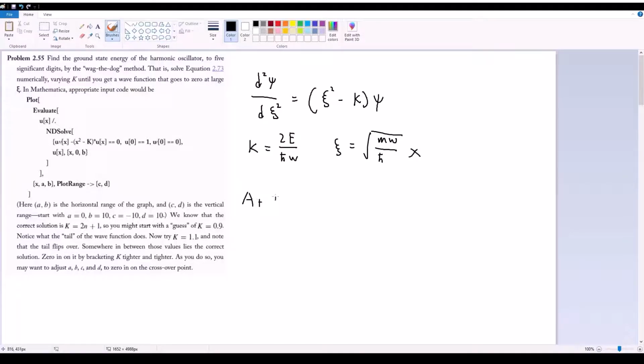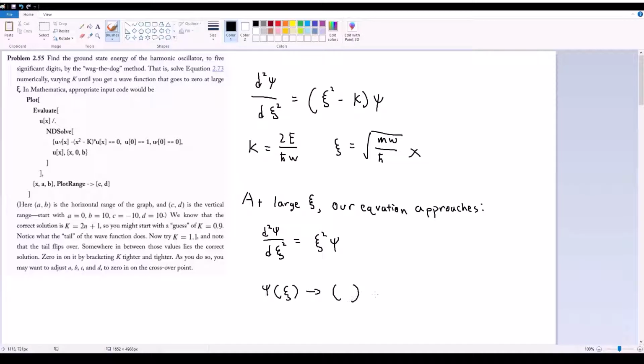So at large xi, our equation approaches d2 psi by d xi squared equal to just xi squared times psi, where this xi term at very large values starts to dominate over the constant, which is K. So in this case, psi of xi has the form of some blank thing at the front multiplied by e to the negative xi squared divided by 2, because this is the solution to this differential equation. So this is at large xi.